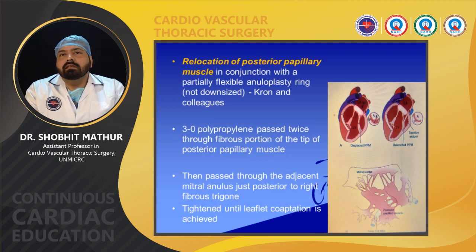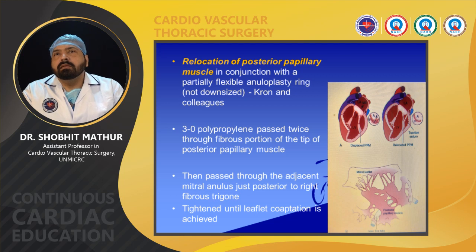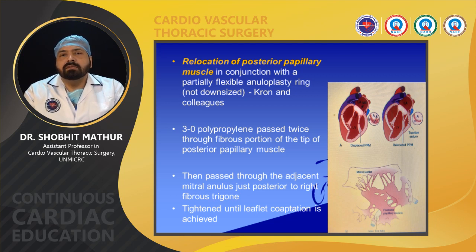One of the techniques that has been pioneered by Kron and colleagues is basically relocation of the posterior papillary muscle. In cases of ischemic MR, the main pathophysiology says that the posterior papillary muscle gets displaced. So in this technique, we are trying to correct the displacement, which will correct the tethering of the leaflets.